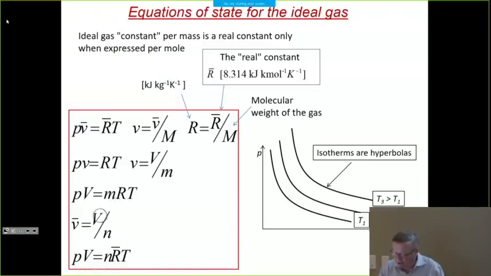If you express the total volume as a function of the specific volume per mole, you have the well-known rule, PV is nRT, but in our notation this would be R bar T. All these expressions tell you that if you go to a PV diagram, you have a hyperbola, because the product PV is a constant, and so P is nRT over V. So this hyperbola would look like this for T1, for T2, for T3. These are the isotherms. That is the equation of state for the ideal gas expressed in a variety of ways.